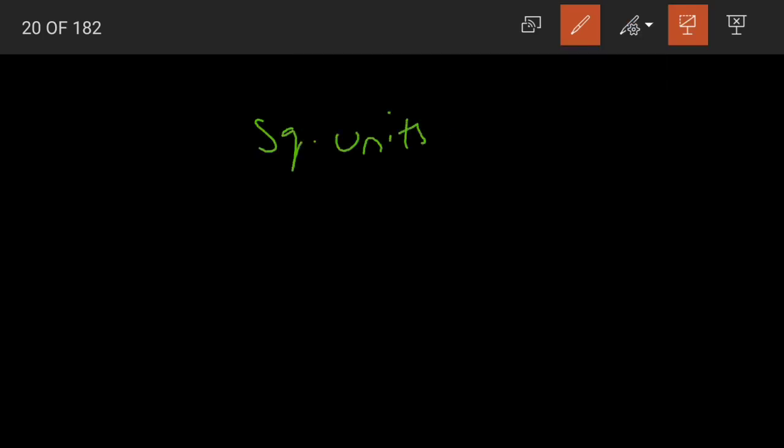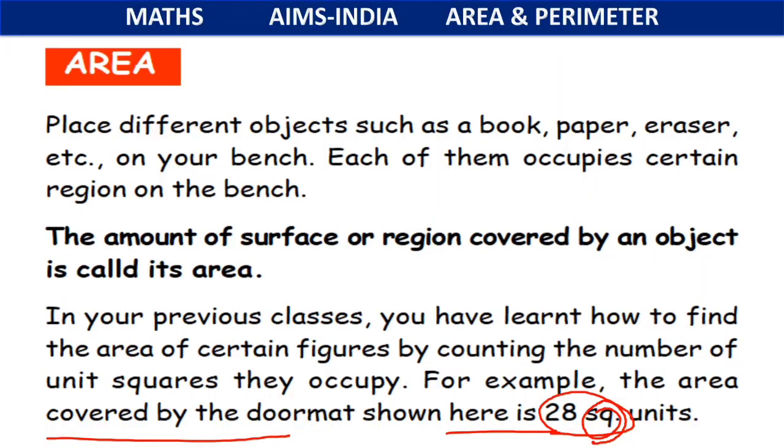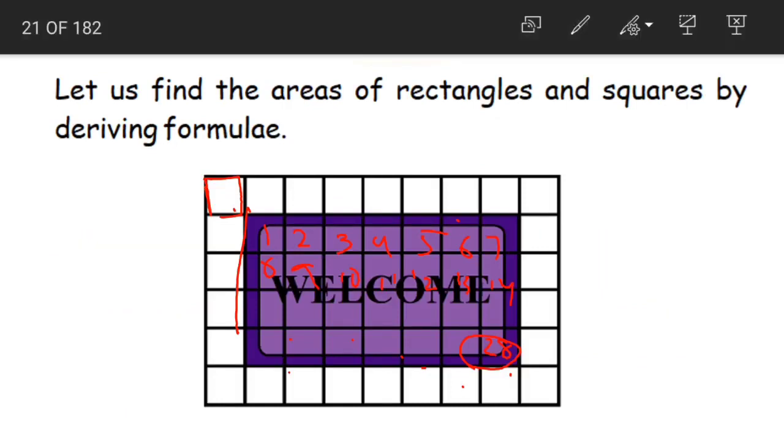What is the unit of measurement written? SQ units is nothing but square units. The area of the given doormat is 28 square units. Why is it 28 square units? Because it is covering 28 squares. Isn't it? It is covering 28 squares. So the area of this given doormat will be represented as 28 square units.